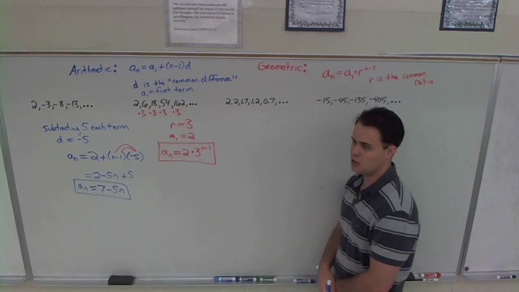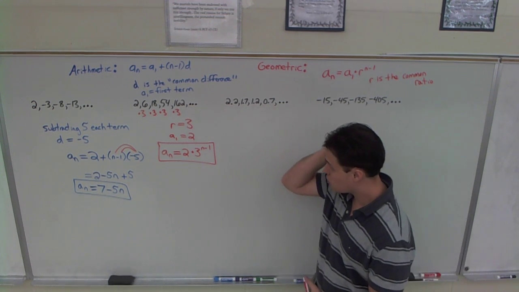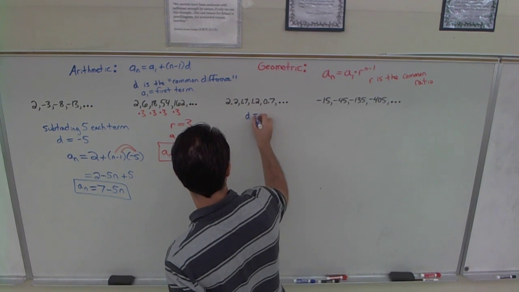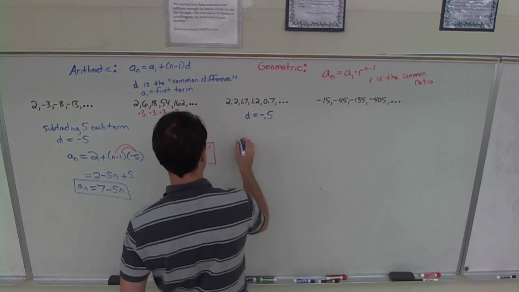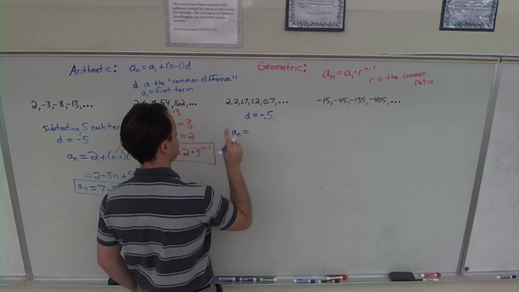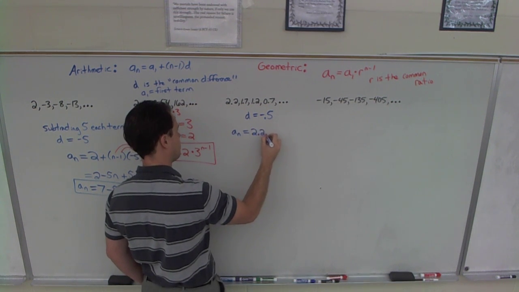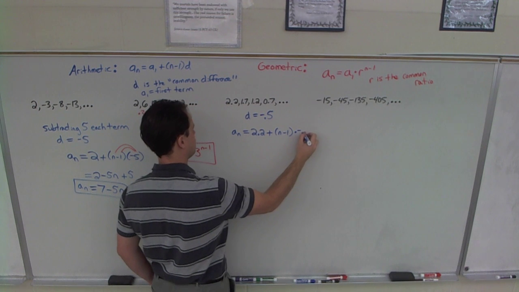Biggest thing on this one, common difference, common ratio? Difference. Yep, this is subtracting or adding. Subtract. It's almost the same as the last one, so it's negative 0.5 this time, right? So we could say a sub n is the first term plus n minus 1 times negative 0.5.